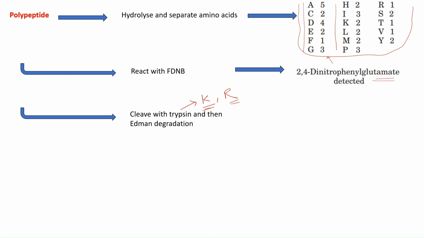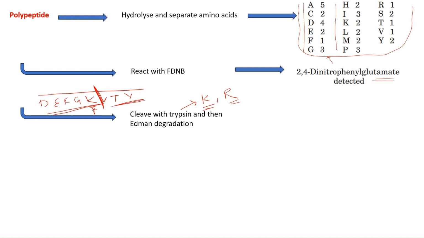Lysine and arginine are the cleavage points for trypsin. Suppose this is our polypeptide. Some set of amino acids are found, say for example, like this. This is the sequence of amino acids. So this K is lysine. As soon as we add trypsin, what will it do? Here it is lysine, so it will cleave this bond, the bond between K and B. So we'll get one fragment, this, and the second fragment, this.